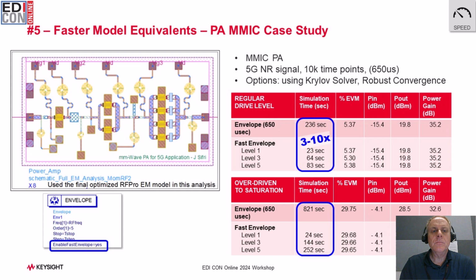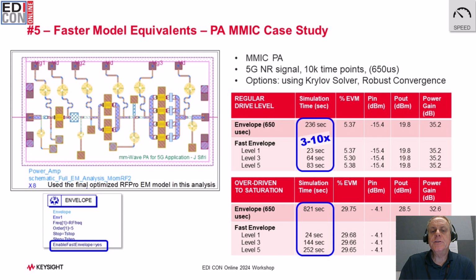So this is from an example in a workshop, a PA mimic workshop for ADS. You check the box that says enable fast circuit envelope to do these things. And in this particular 5G NR signal, here were 10,000 time points. It's a portion of a subframe.